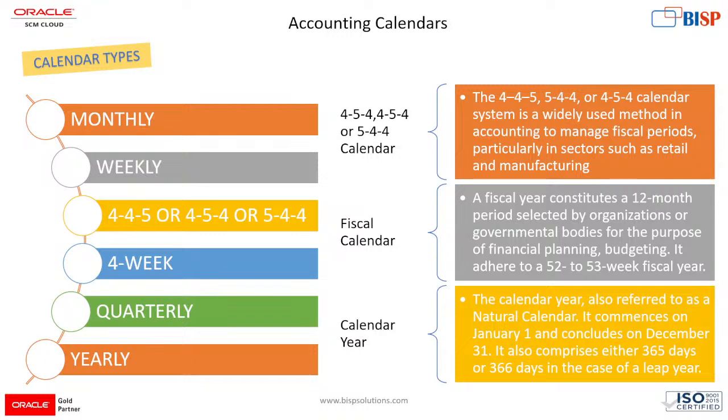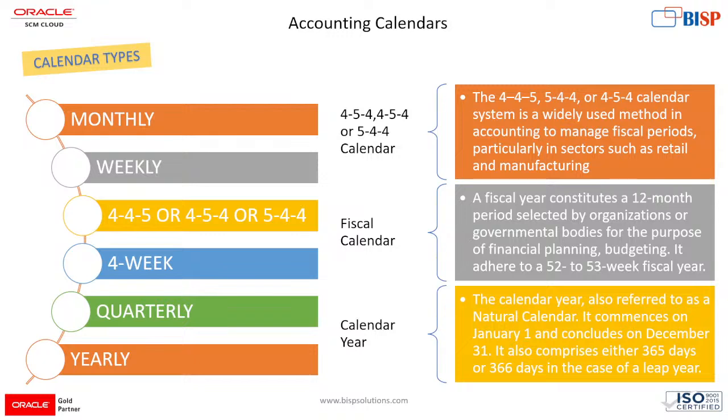Now, if we talk about the 454, 445, or 544 calendar, the calendar is widely used in accounting to manage fiscal periods, particularly in sectors such as retail and manufacturing.